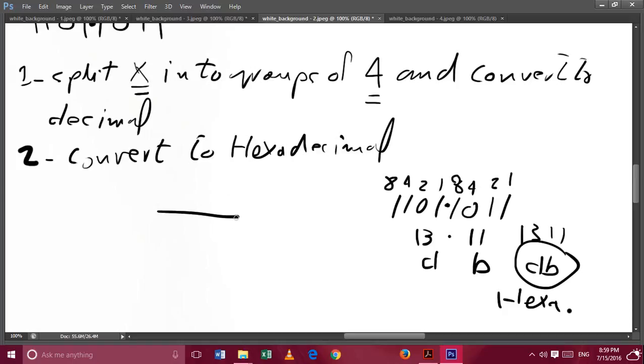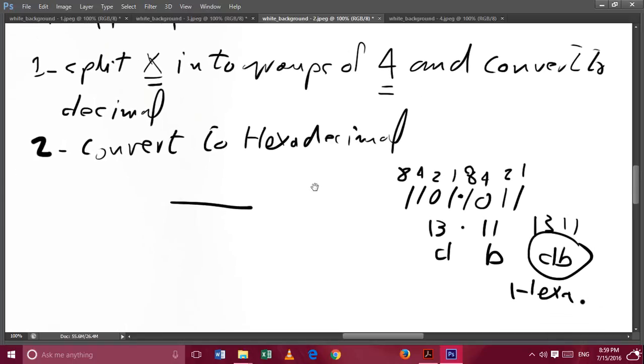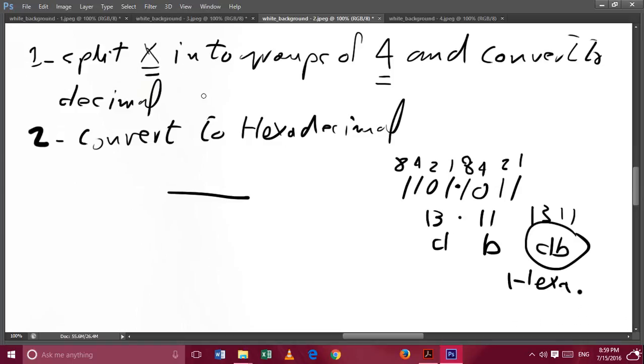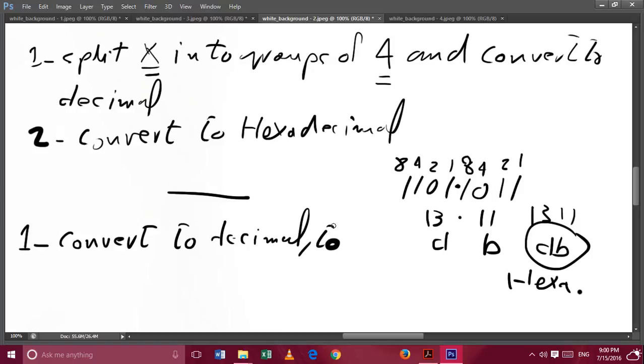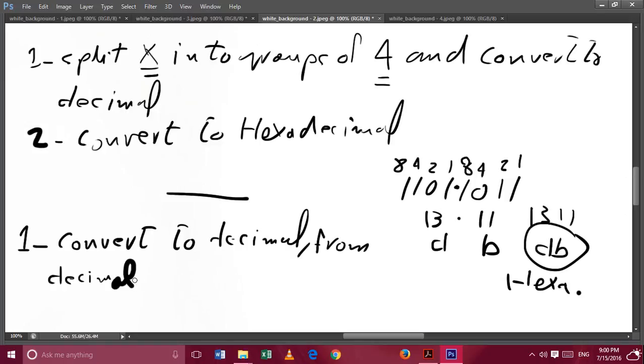This is binary to hexadecimal, and from hexadecimal to binary, we first convert to decimal, and then from decimal to binary. So just 2 steps to convert from hexadecimal to binary. You need first to convert it to decimal and then to binary.